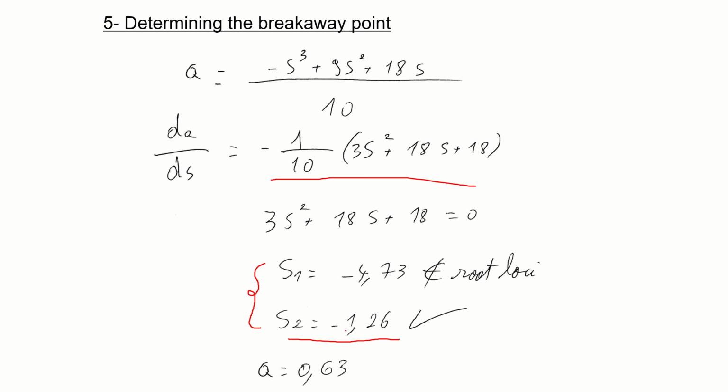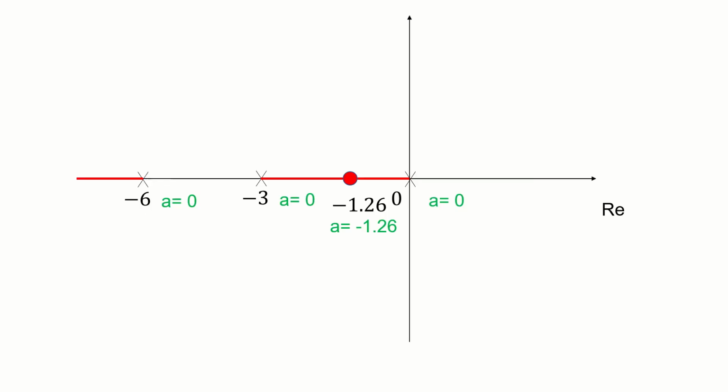If it is not on the real axis, it means that we have something wrong in our calculation. And this breakaway point S2 equal to minus 1.26 corresponds to A equal to 0.63.